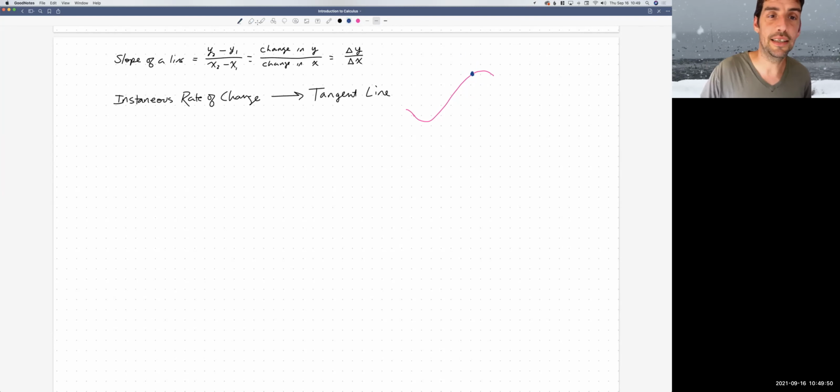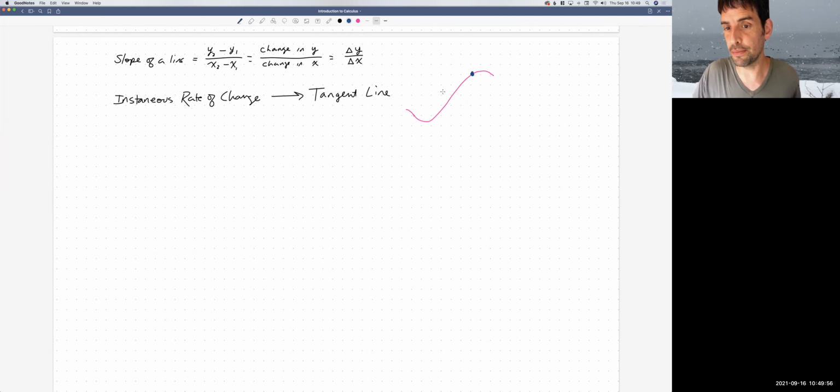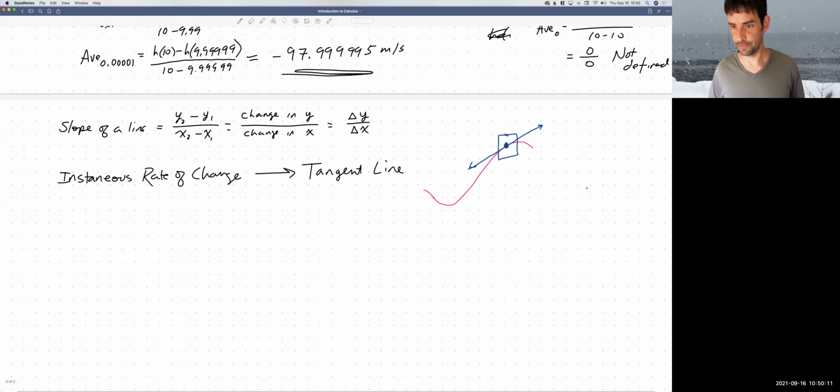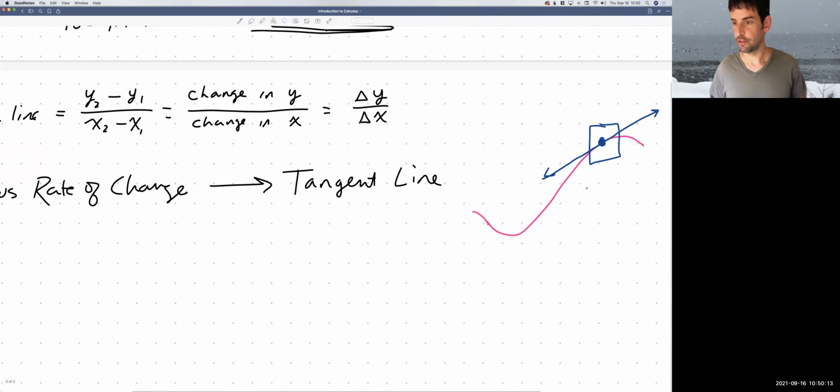A better thought is that it's the line that looks the most like our graph at this point. Remember when I zoomed in a minute ago? If we zoom in on just this little box, you can see these graphs look a little bit similar.